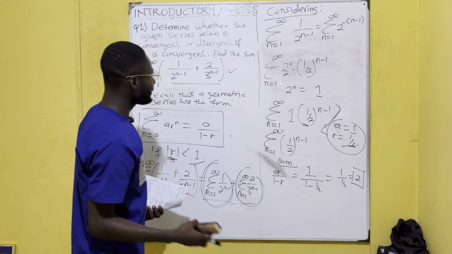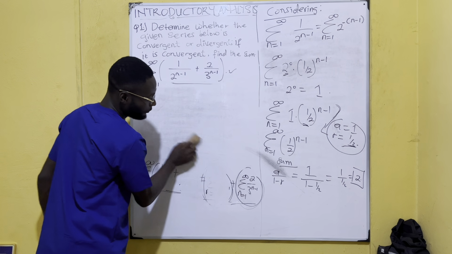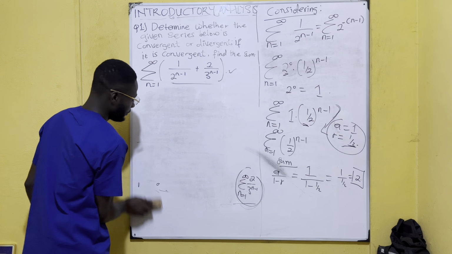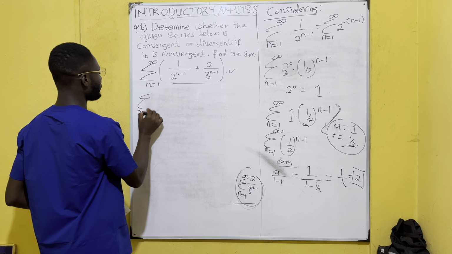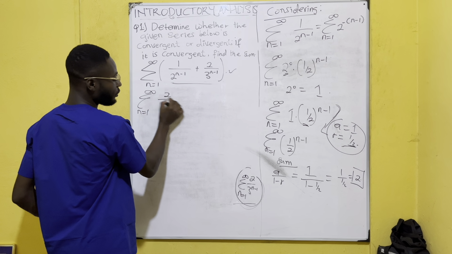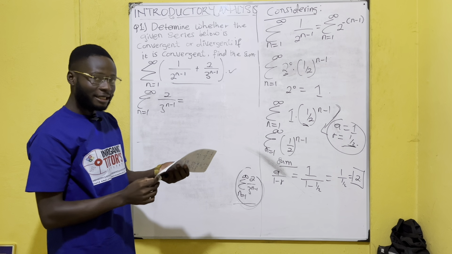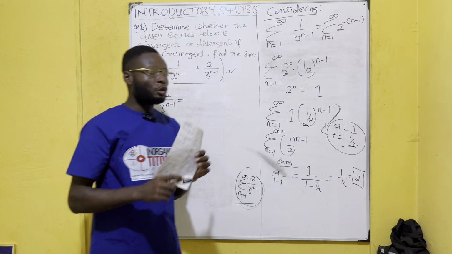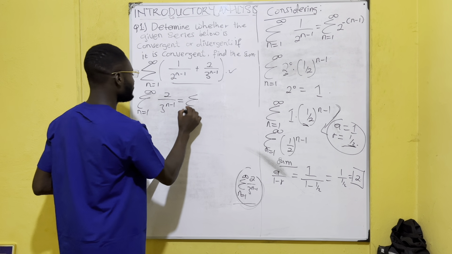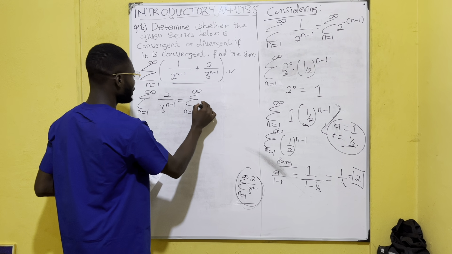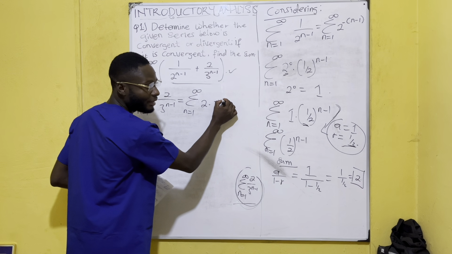Now let's consider the second term, the summation from n equals 1 to infinity of 2 over 3 to the power n minus 1. We know that this is basically the same as 2 times 3 to the power negative (n minus 1). We could write negative 1, but it's not necessary.